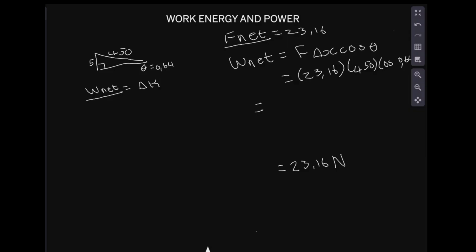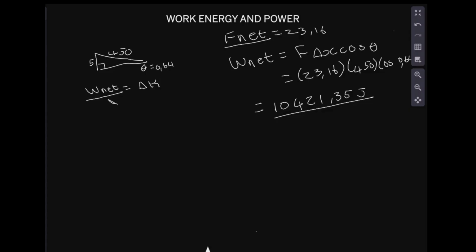The total work done in the system is 10,421.35 joules. So we calculated F net, and we used F net to calculate the total work done. Okay. Now we can come back and use this here.